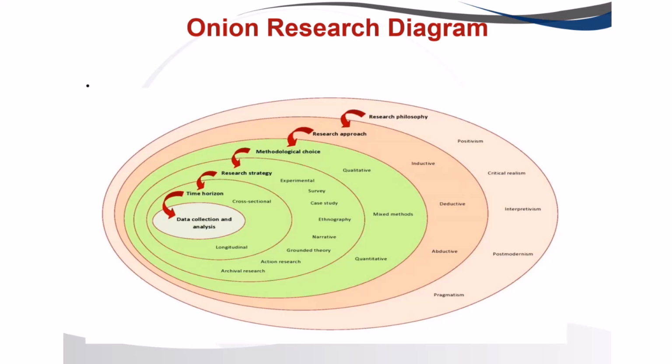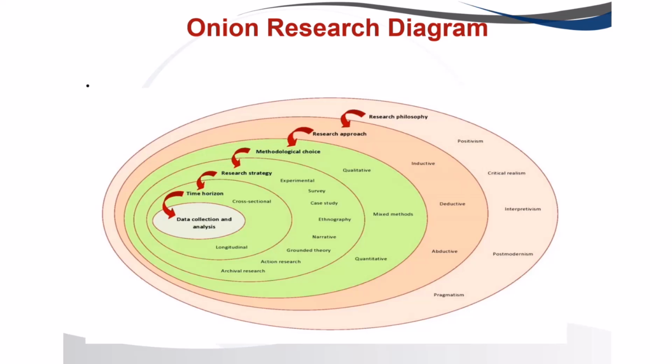In other words, we are not saying that research design is an onion, but we use a figure of speech to understand the research design. Hence, we use an onion as a metaphor. It's a thing which is regarded as representative or a symbol of something else.